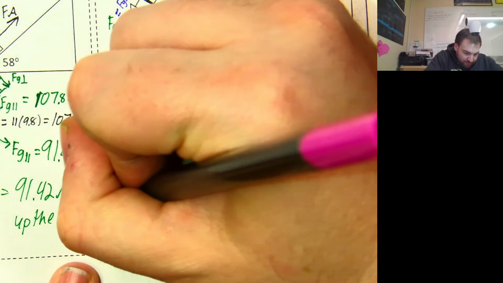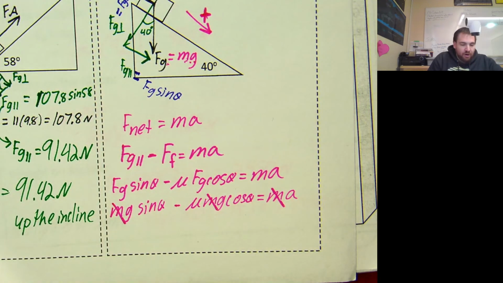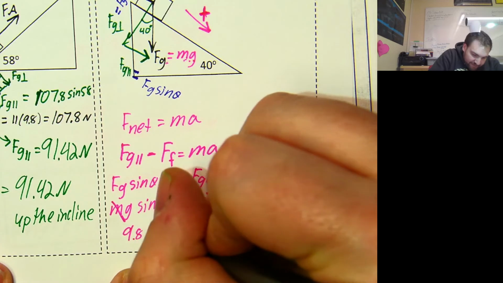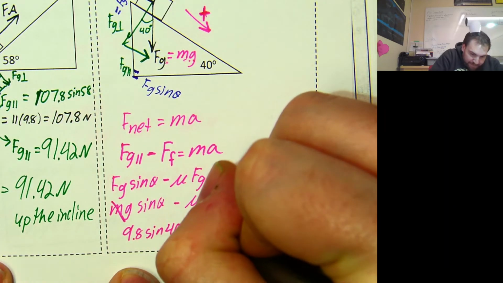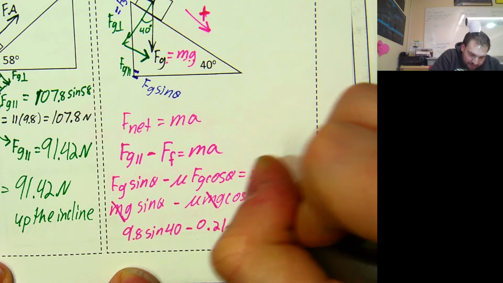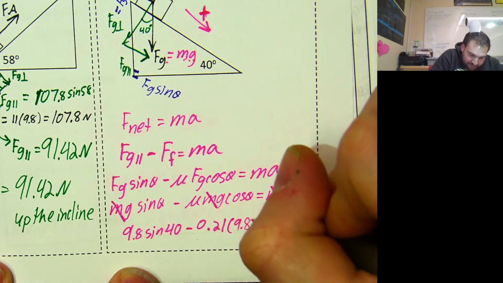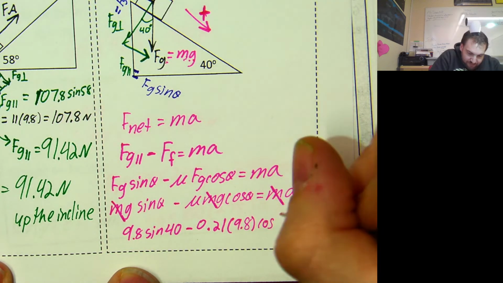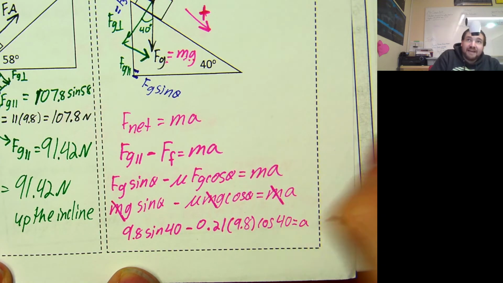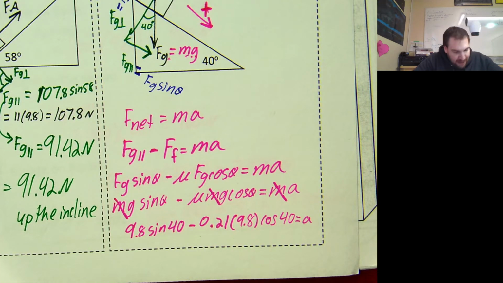So my masses, boom, boom, boom, are all going to cancel. So what I'm going to get here is 9.8 sine 40 minus 0.21 times 9.8 cos 40 equals a. And the interesting thing here is it does not matter what the mass of that block is. The only thing that matters is what the coefficient of friction is between those two surfaces and what the angle of the incline is, because my masses cancel out, which is really cool.